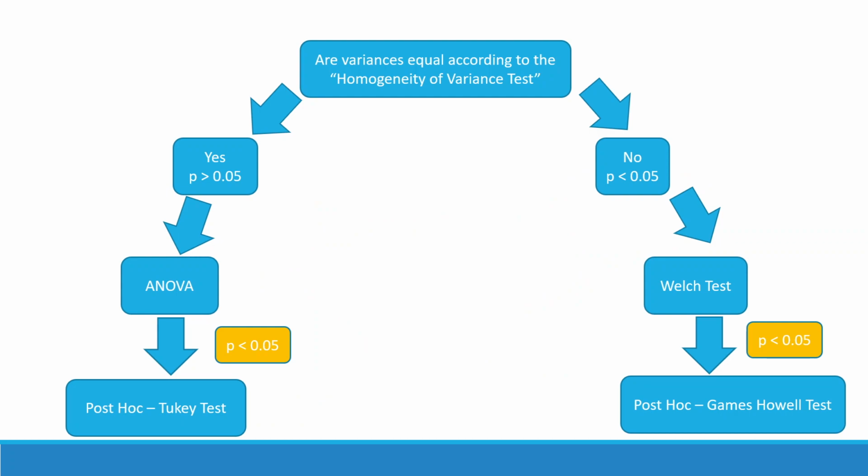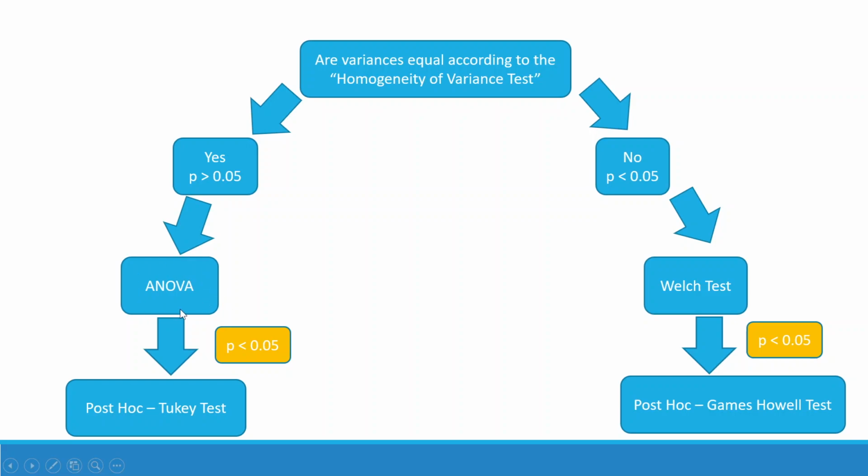Now, which test to run completely depends on the variances of the group, that is, variances in the groups are equal or not. So the first question is, are variances equal according to the homogeneity of variance test? Yes. If your p-value is more than 0.05, then you will run Fisher's ANOVA.